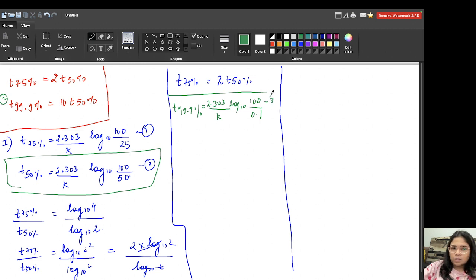This is my third equation. So just do 3 divided by 2. In third, this and this will get cancelled. So what is left? Log base 10 of 100 upon 0.1.